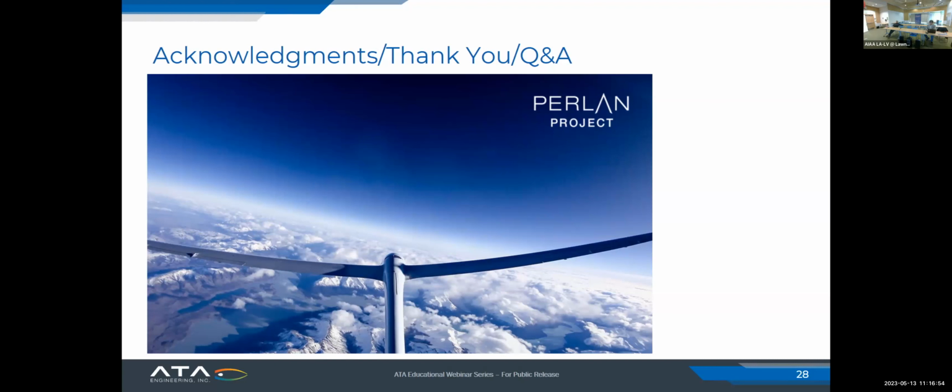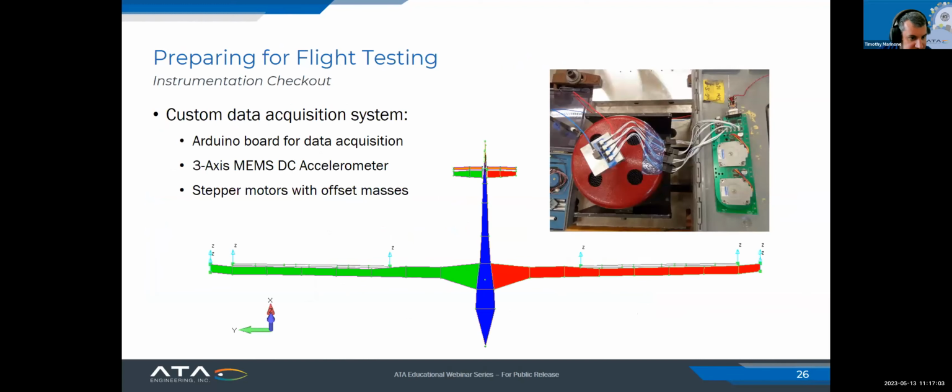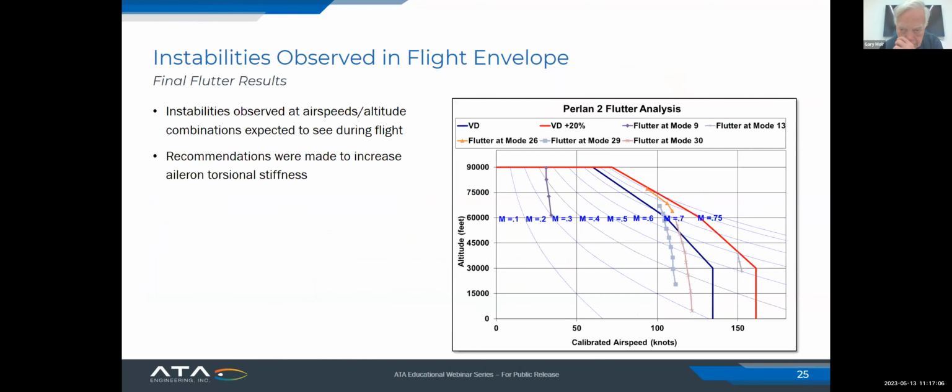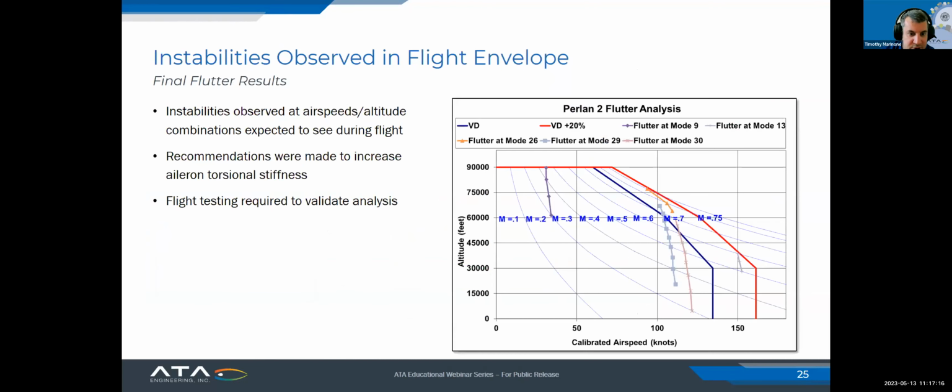So what was that mode 9 that popped up so early, and why did it go away at 6,000 feet? Like at lower altitudes, it went away. Yeah, where was that? Right there. That was where mode 9 was the fuselage lateral and the wing antisymmetric. What's interesting is that it's really only at the low altitude, where your dynamic pressure is heavier, where you see it.